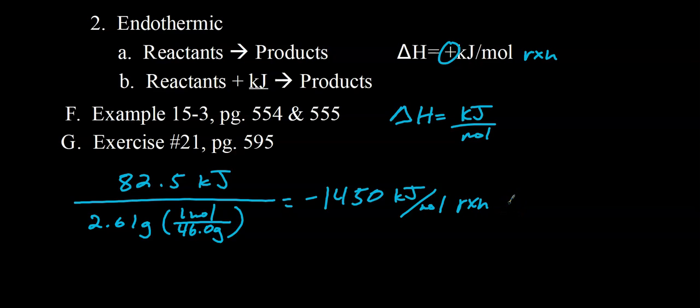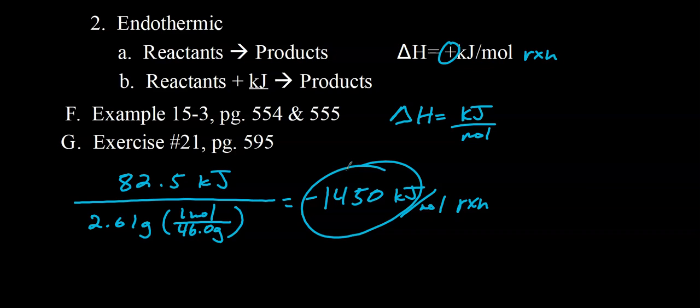In this reaction, there's 1 mole of dimethyl ether, so it could also be per 1 mole of dimethyl ether. This also is the energy released per 3 moles of oxygen that reacts. So this number, 1,450 kilojoules, is relative to the amounts of each of these substances involved in the reaction.